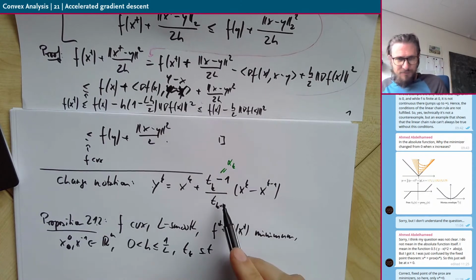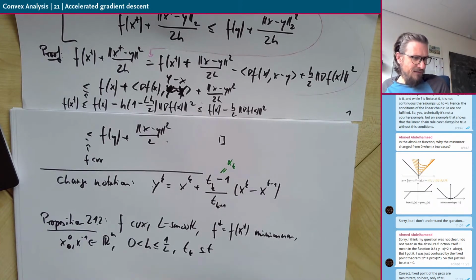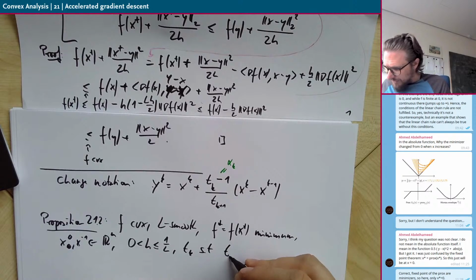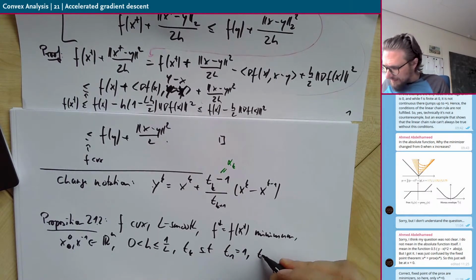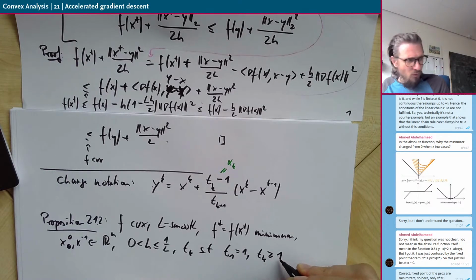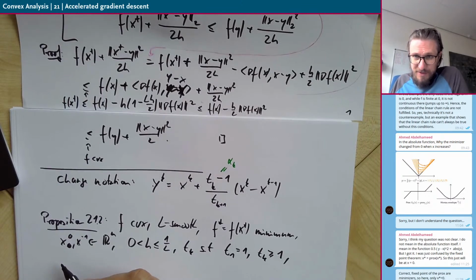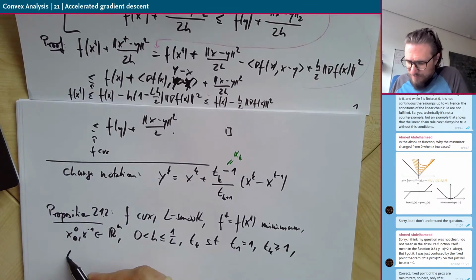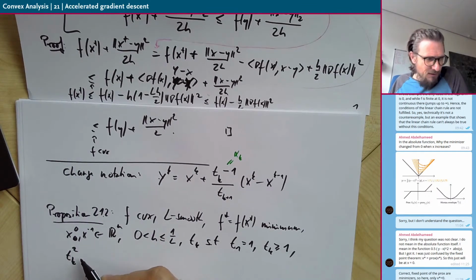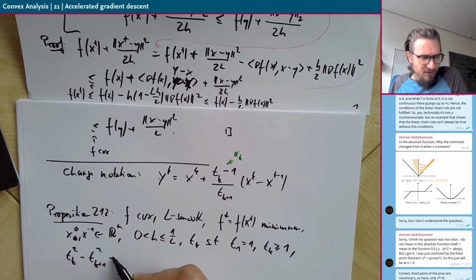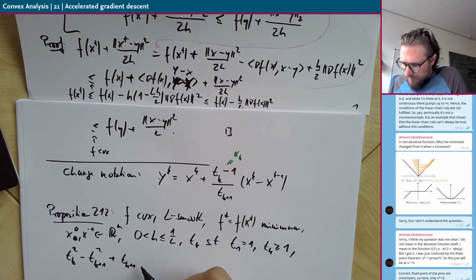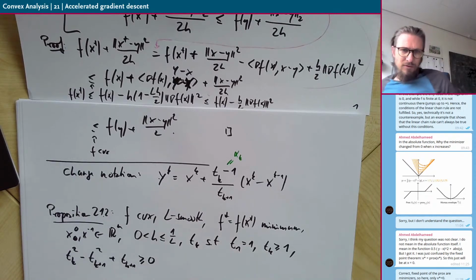this tk which comes from here has to fulfill three things. We have to initialize with 1. They have to stay larger than 1, and we need the crucial inequality, which is strange at first sight, but we'll see: tk squared minus tk plus 1 squared plus tk plus 1 has to be non-negative.